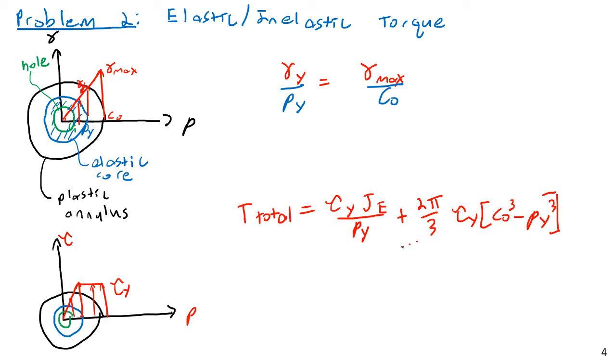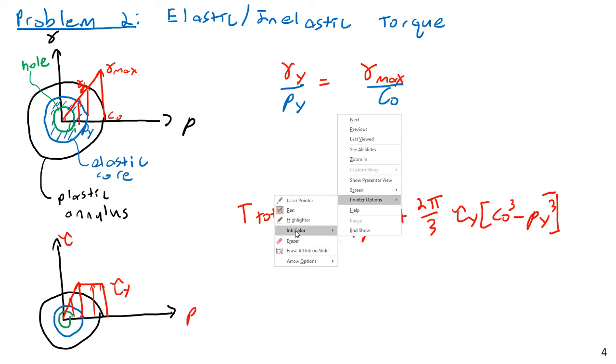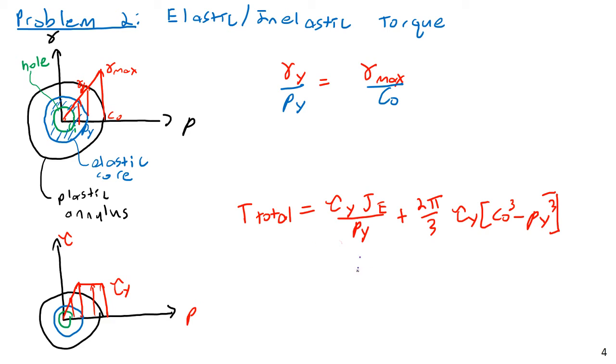So in other words, this is the torque produced by the elastic region, and this is the torque produced in the plastic region. Or, in terms of the J of the elastic, J_E is the polar moment of inertia of only the elastic region. So J_E is going to be pi over 2 times rho y, the yield radius, to the 4th power minus the internal radius of the hole, c_i, also to the 4th power. And that's our relationship here.